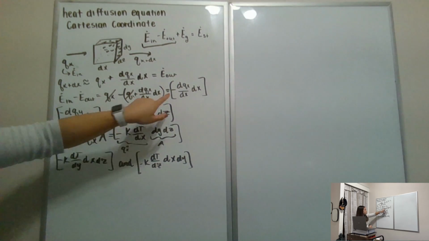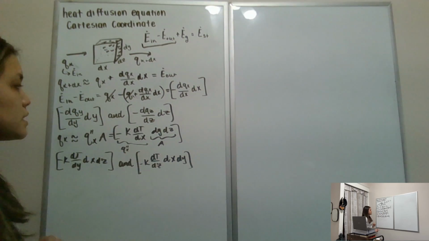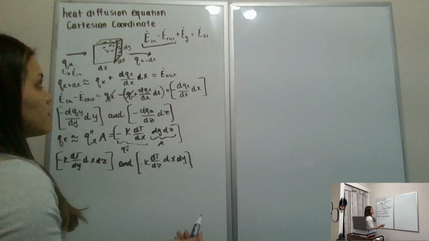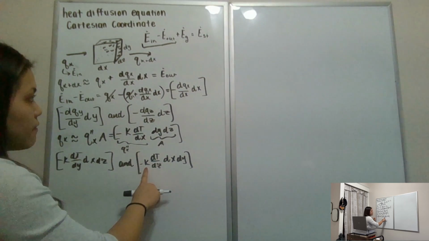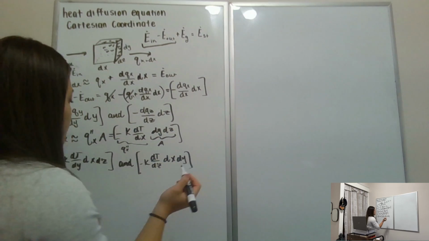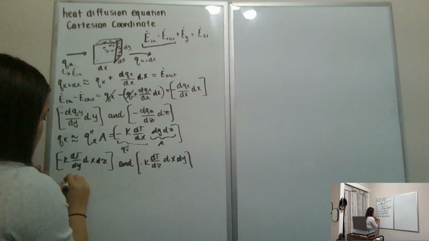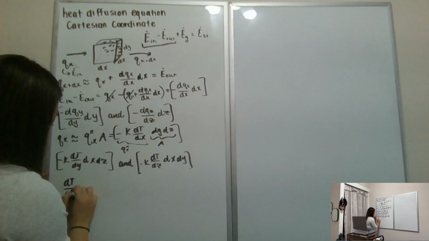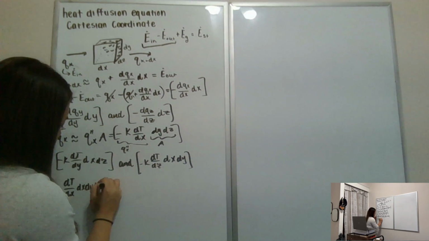These three equations up here have the negative sign, and these thermal conductivities have the negative sign as well, so those will cancel, giving us a positive. They all have a K value, so we'll divide them all by K. What that leaves us with is the second derivative of temperature with respect to x, times dx, dy, dz.